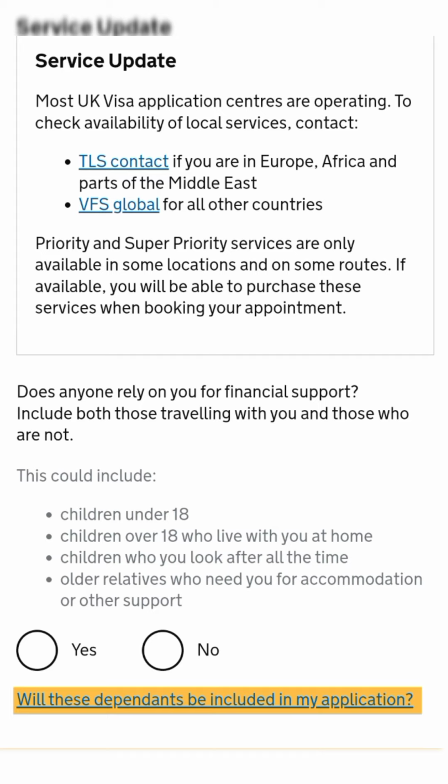If you have older parents or older relatives and they depend on you financially, you can actually attach their details here as well. So if you do have kids or you have older relatives, please go ahead and say yes. And it will take you to the next field where you're able to put in their details, okay?